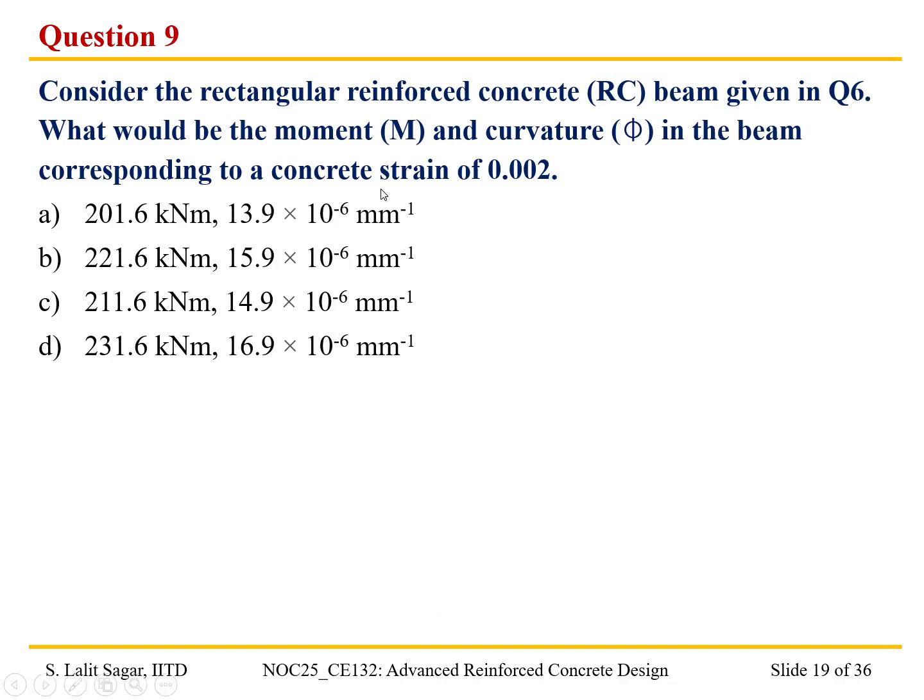Moving on, consider the same rectangular concrete beam. What would be the moment and curvature corresponding to concrete strain of 0.002? So for a concrete strain of epsilon c equal to 0.002, what would be the value of the moment and the curvature?